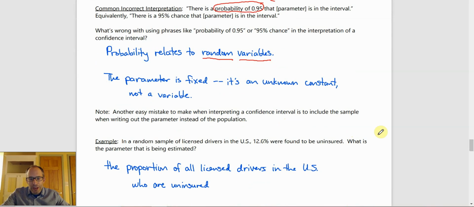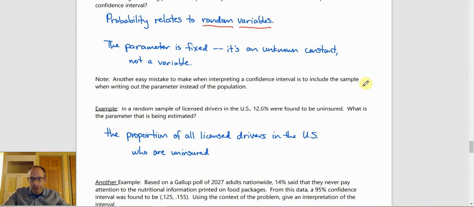And then another easy mistake to make would be including the sample instead of the population. So basically just writing out the statistic in words instead of writing out the parameter. And usually that's a one-word difference. So instead of having all licensed drivers in the US, the thing that would be trouble would be saying the proportion of licensed drivers who were surveyed who are uninsured.